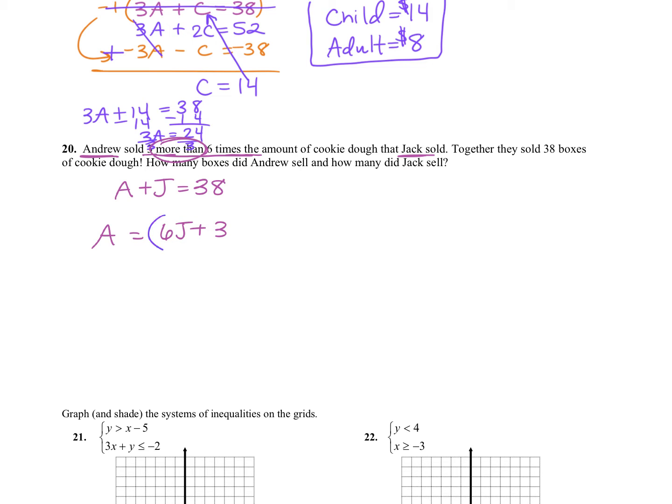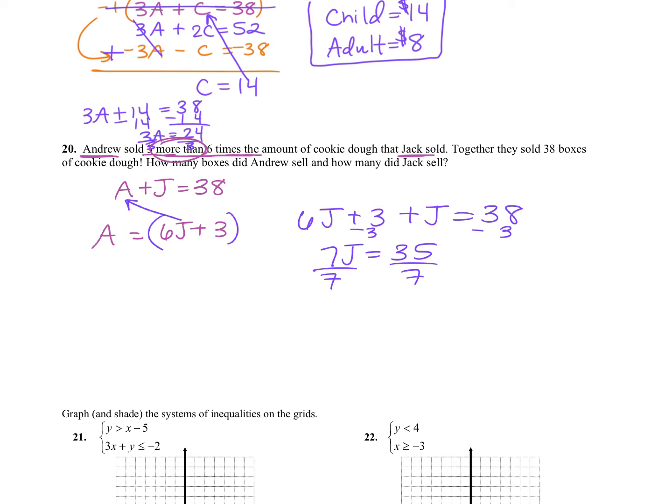You substitute. This is your A, so plug it in here. 6J plus 3 plus J is 38. So you get 7J, take away the 3, is 35, and divide by 7. So Jack sold 5 boxes.